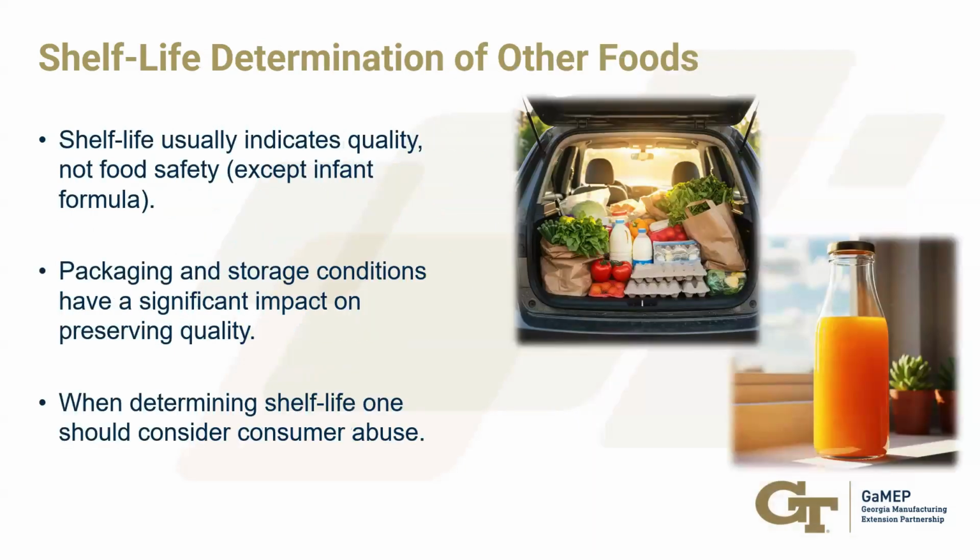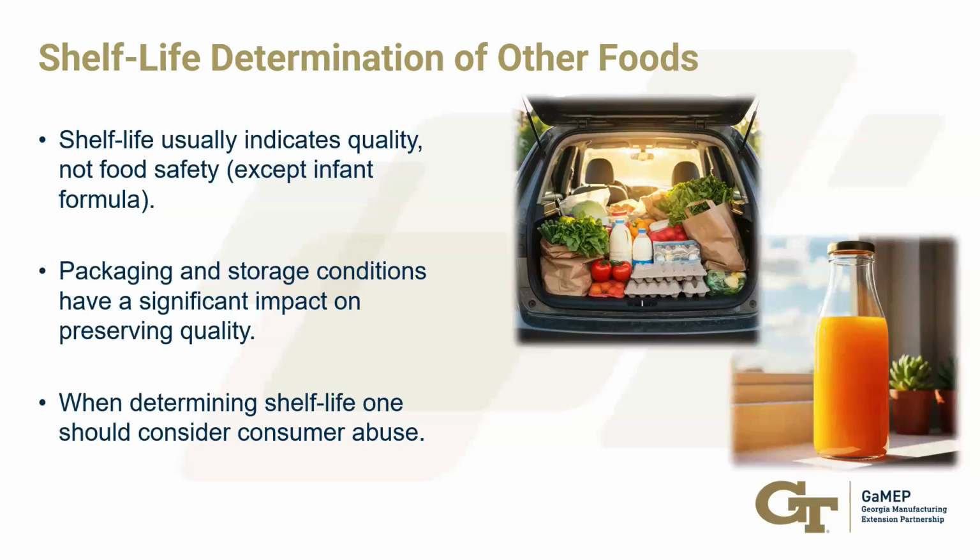When it comes to other foods, shelf life usually is an indication of quality, not food safety. That gives companies a lot of wiggle room to determine their own shelf life. And sometimes I'm asked, what are the biggest impacts of shelf life? It's packaging and storage conditions.